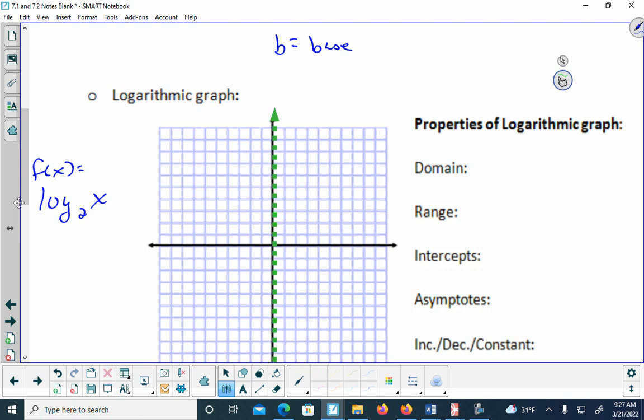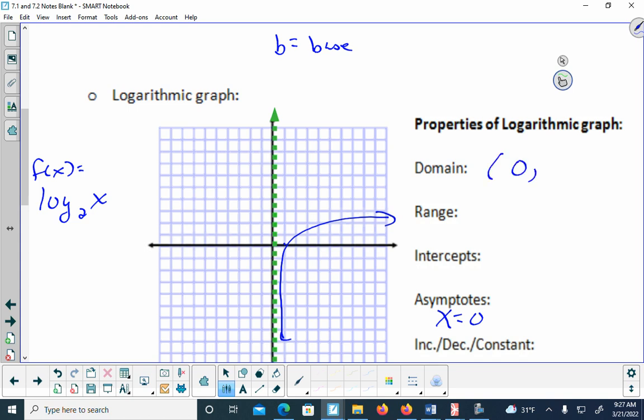When I do that, I get a graph that has a vertical asymptote at x equal to 0. So my domain has a restriction because of the vertical asymptote. I'll never go to the left of it.